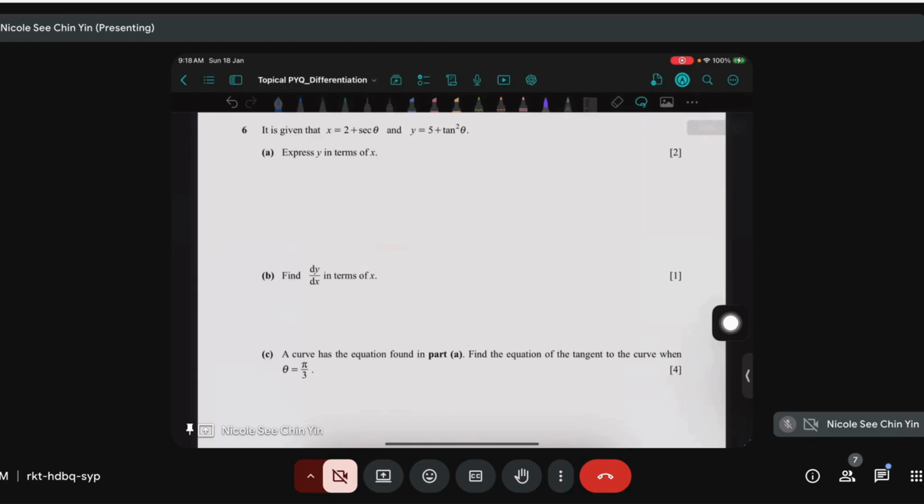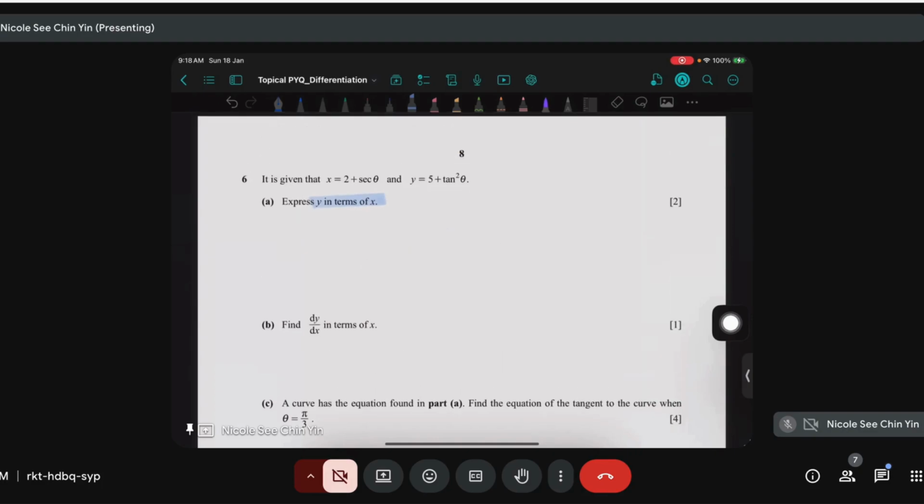Next question, they give you that x equals 2 plus secant theta, y equals 5 plus tangent square theta. The question asks, express y in terms of x. How are we going to do this type of question? First of all, my advice is to look back at your formula list.